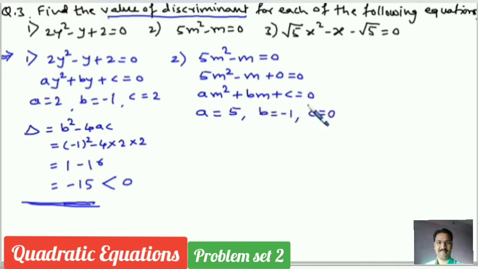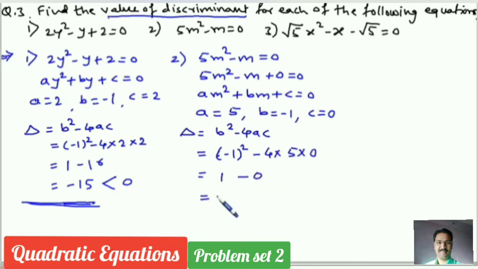So delta, that is b square minus 4ac, we'll put the values, that is minus 1 square, minus 4 into a for 5 and c for again 0. Here it is 1 and anything into 0 is 0 only. So this is the discriminant value, which is 1 here.